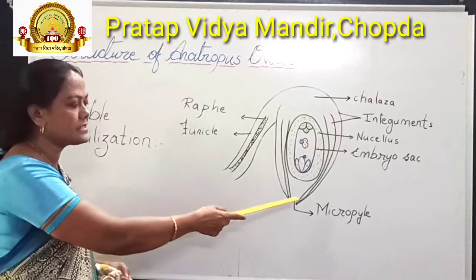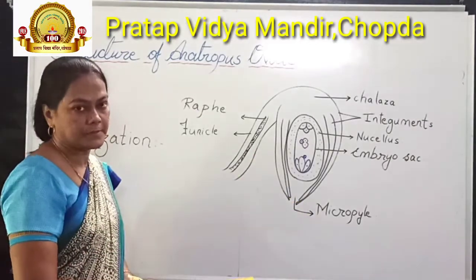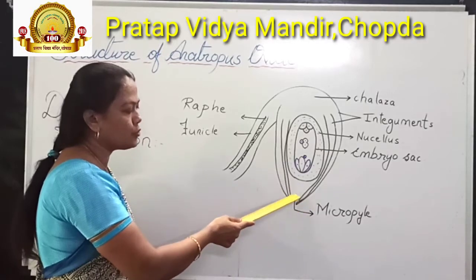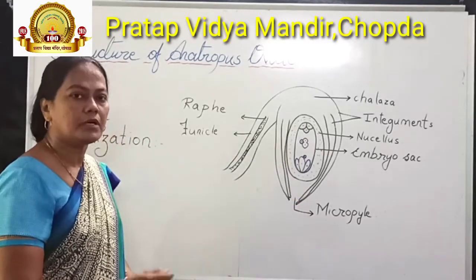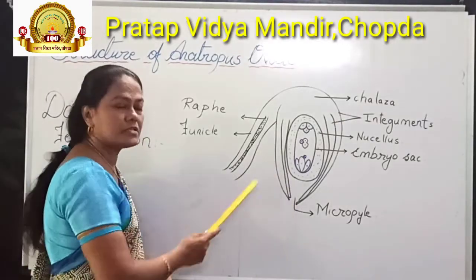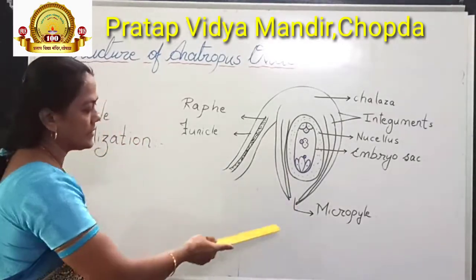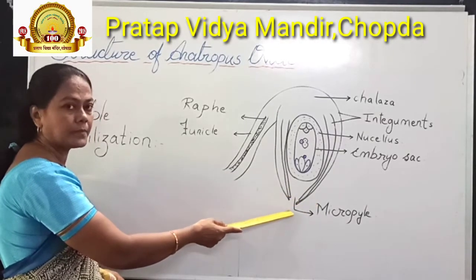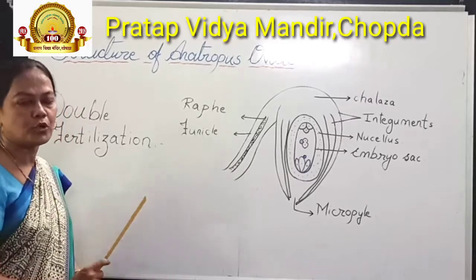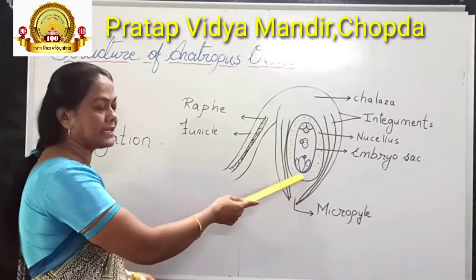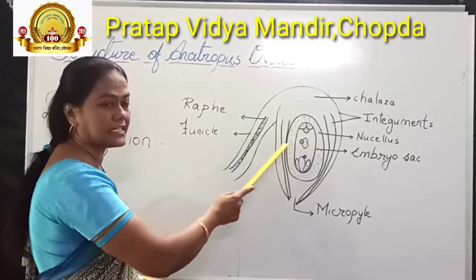Now this process has different names. The pollen tube enters through the micropyle, that is through a small pore, a small opening. Such fertilization in which the pollen tube enters through a pore is called porogamy, because from a pore the union takes place.